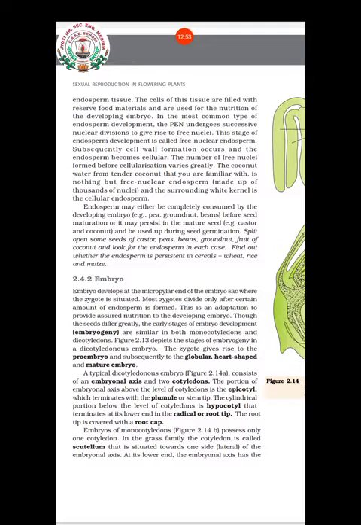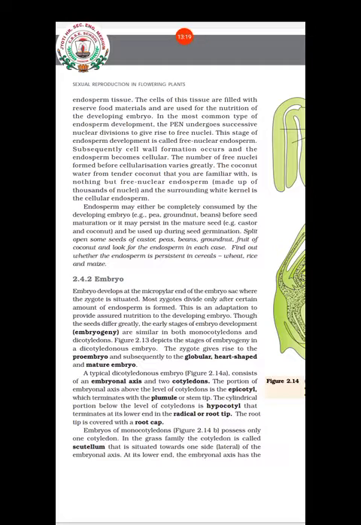That white kernel is actually cellular endosperm. Means after free nuclear division, slowly cell wall formation also takes place. Means the cells also will be forming in that. Okay, so that is seen as the white kernel of the coconut.